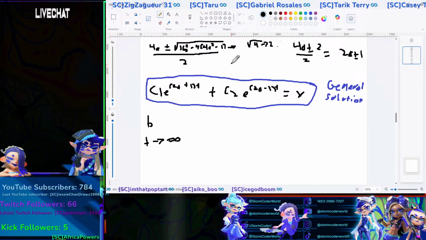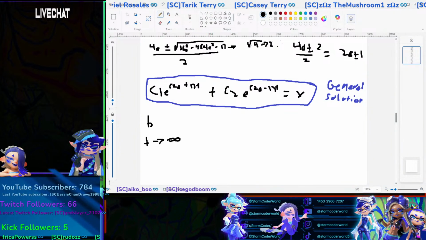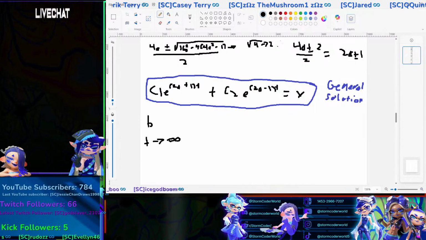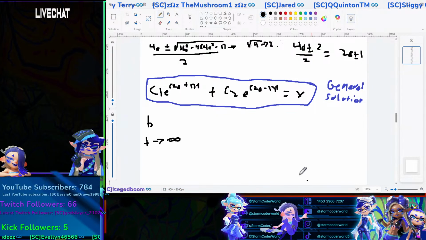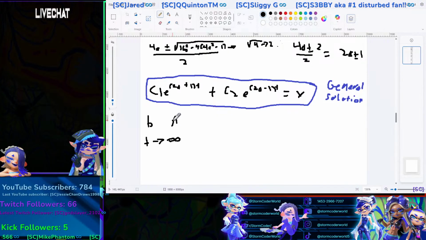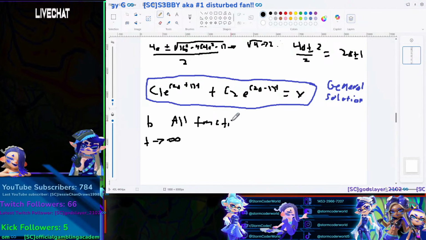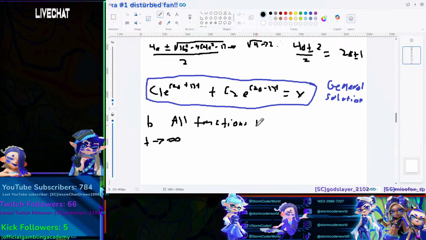What values can I plug in for alpha that are going to make this entire function go to 0 over time? So I want all functions to go to 0.